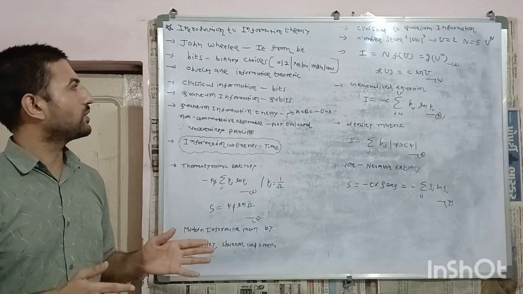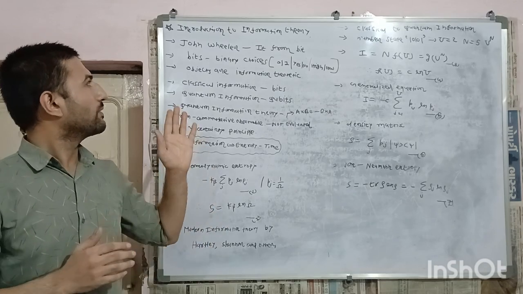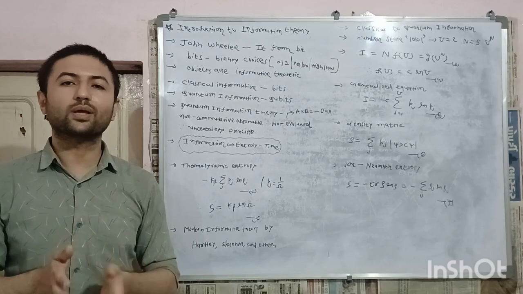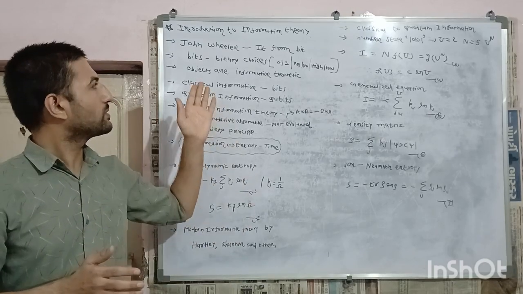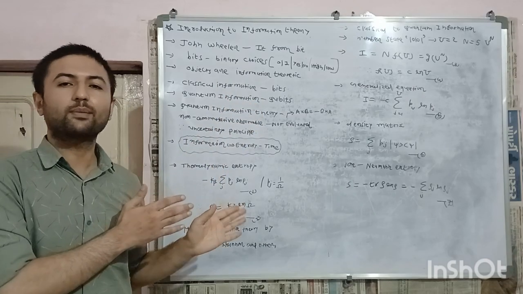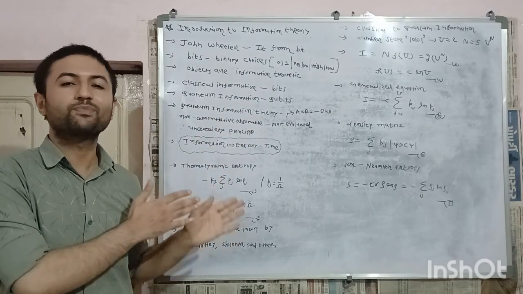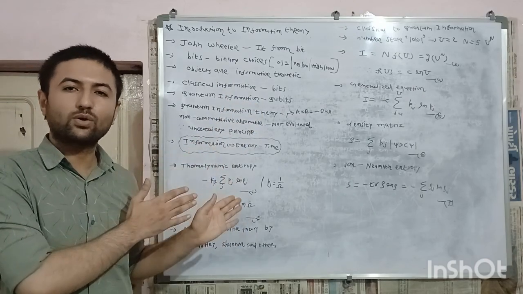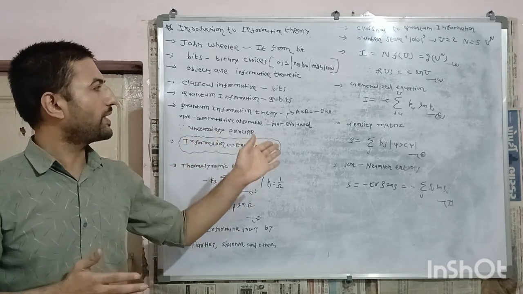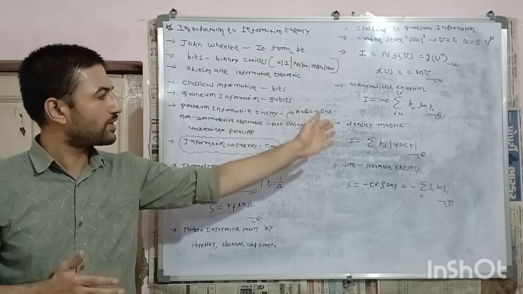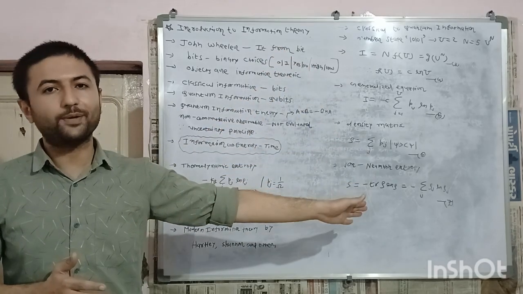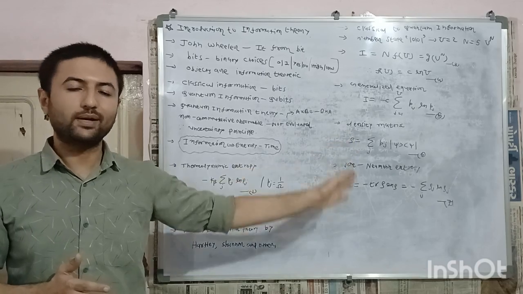So in the present video we have seen why information theory is important in physics. We have seen the phrase given by John Wheeler, "it from bit". We have also seen that the basic unit of classical information is the bit, and the basic unit of quantum information is the qubit. We have seen various definitions of entropy. Thereafter we have seen the definition of information, and at last the definition of von Neumann entropy in terms of the density matrix.